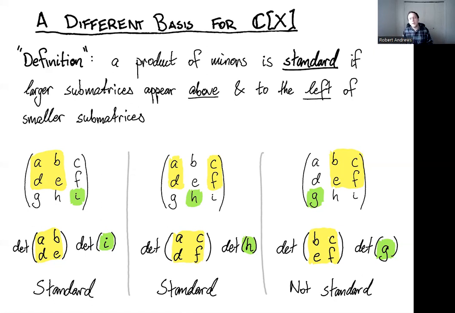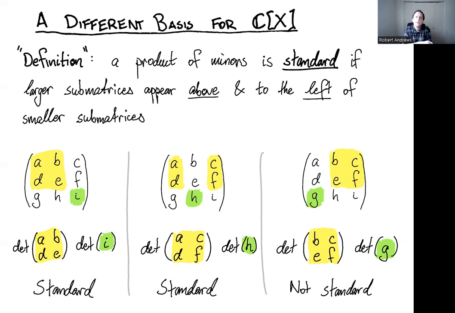Now, in the precise definition of standard, we allow the submatrices to be overlapping. The rows and columns can be interleaved in different ways. You can have submatrices of repeated sizes. You can repeat a submatrix multiple times. The definition is somewhat technical, but roughly this is how you should think of it: we force the larger submatrices to appear above and to the left of the smaller ones.